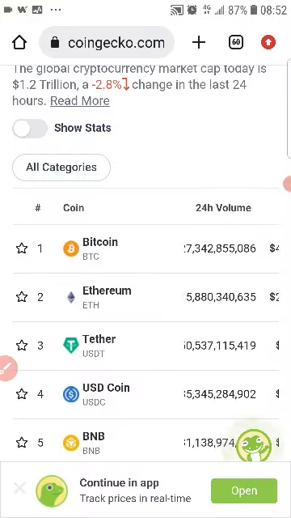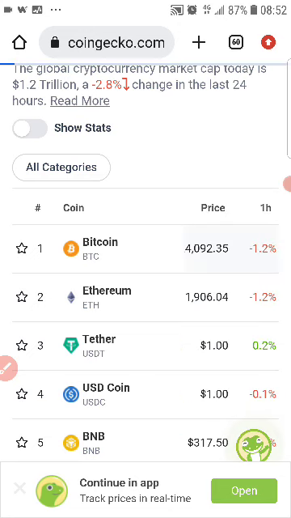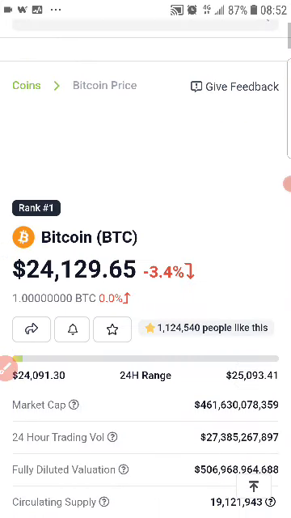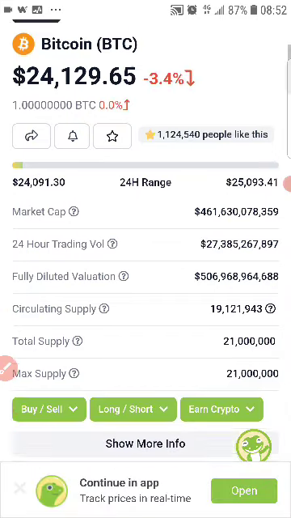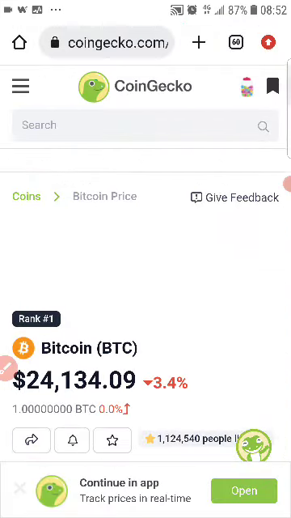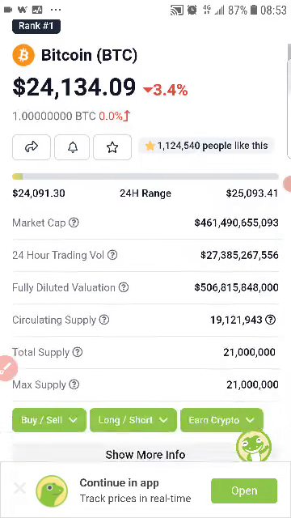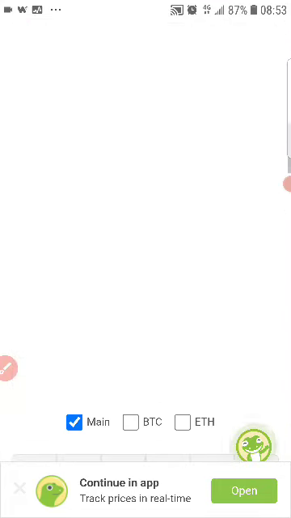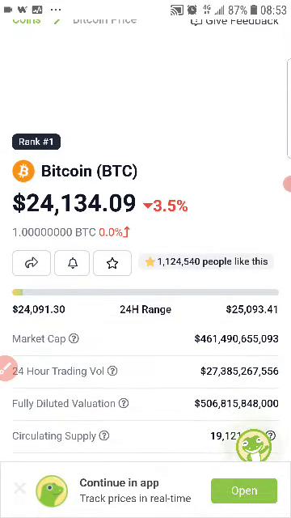This is Bitcoin. This is CoinGecko. The price of one Bitcoin is 24,134.